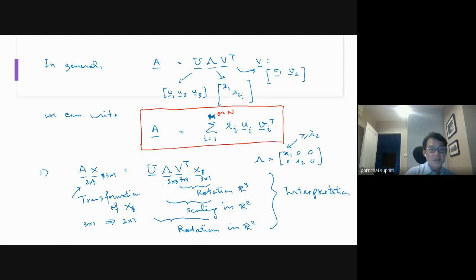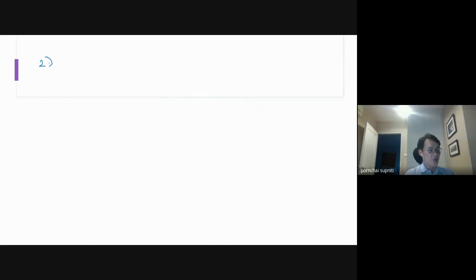The second thing the SVD is useful for is that we can use the property A times v i is equal to lambda i u i, where v i and u i are the columns of the eigenvector matrices. So we can single out just some column vectors and multiply like this.